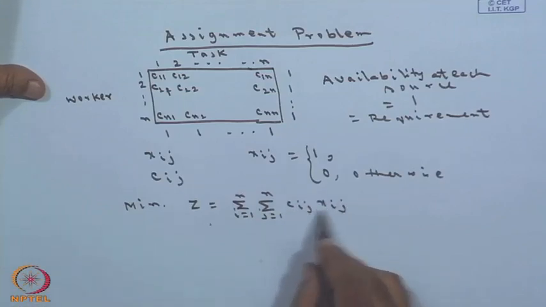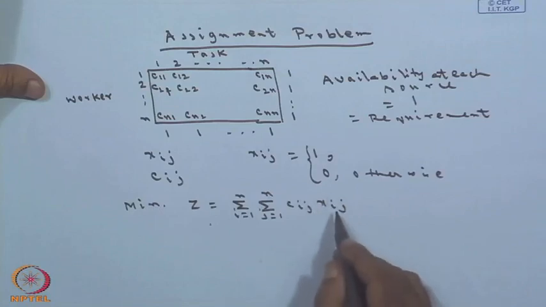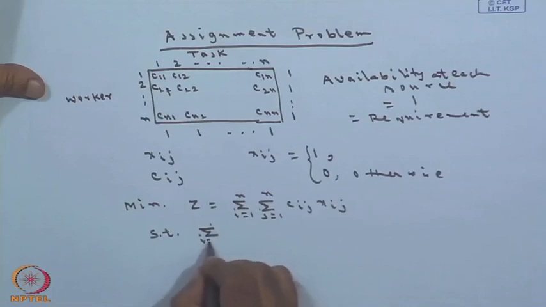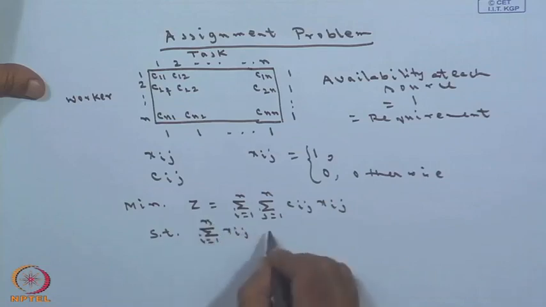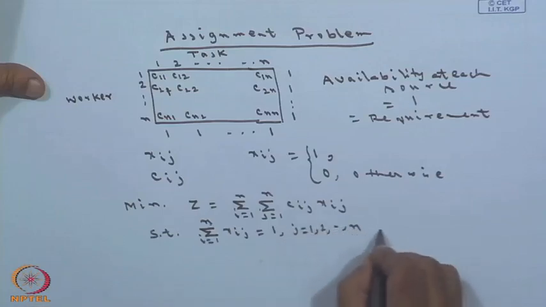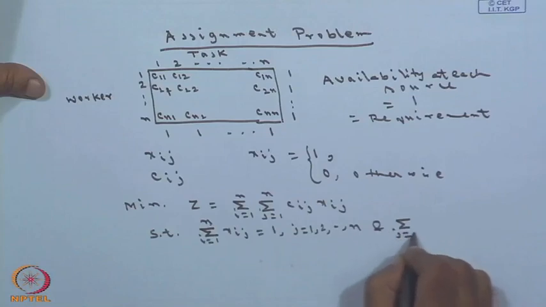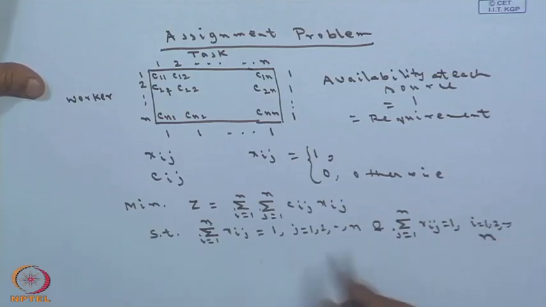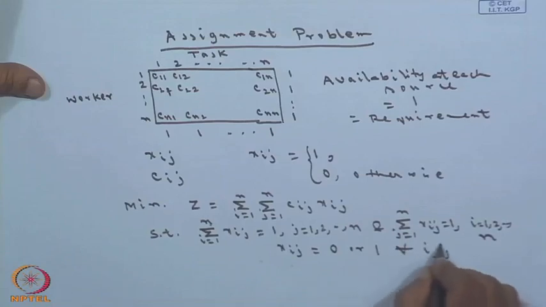You are assigning the cost with the assignment of Xij, subject to summation i equals 1 to n Xij equals 1, j equals 1 to n, and summation j equals 1 to n Xij equals 1, where i also varies from 1 up to n. Another difference is that Xij can take only the value 0 or 1 for all i, j.